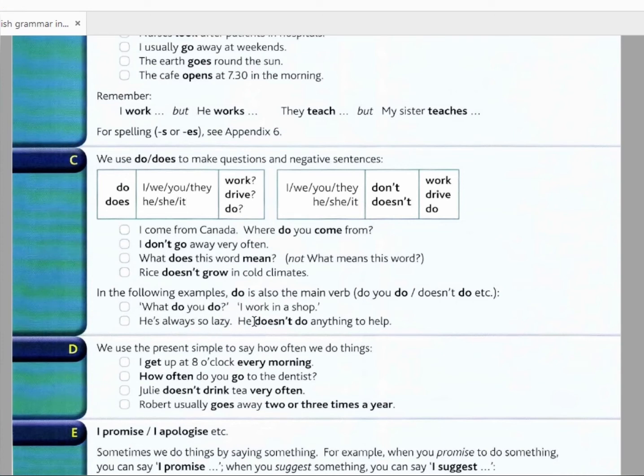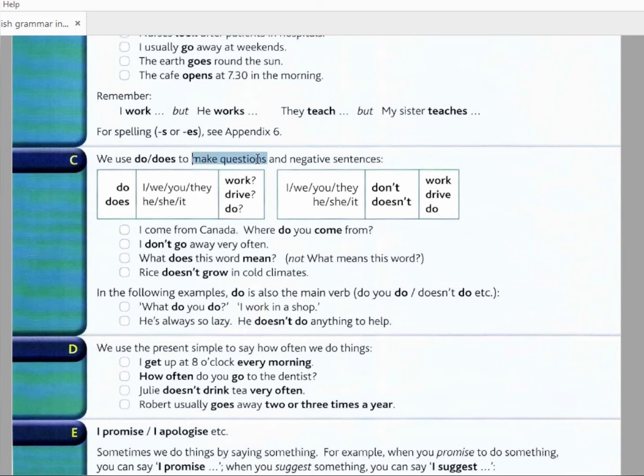So this one, he does not do. This is the verb. For example, no problem if you have, for example, go. He doesn't go. I mean, if you don't have this complete, you can say he doesn't go. No problem. You can say he doesn't do. It's a verb like go, like, for example, drive, like work. So this is about the question form, negative form.